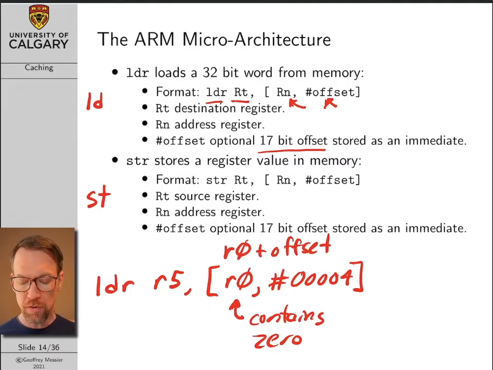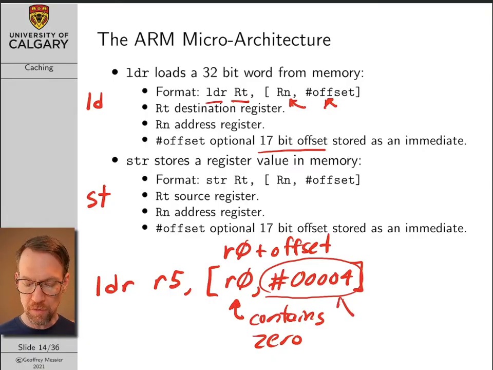And if R0 is equal to 0, then this offset is basically the address that we're going to read from. So R0 is 0, and so then this is basically just our address.